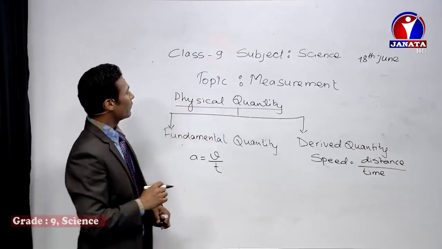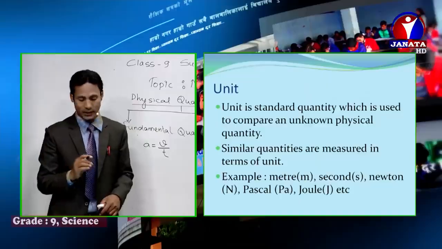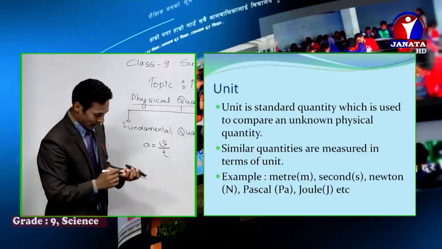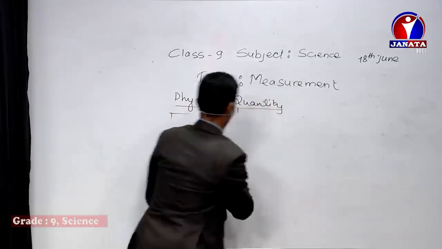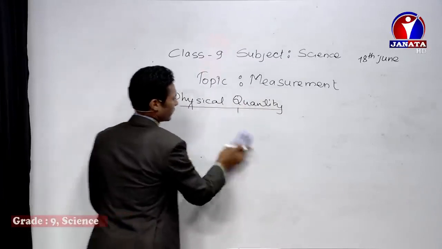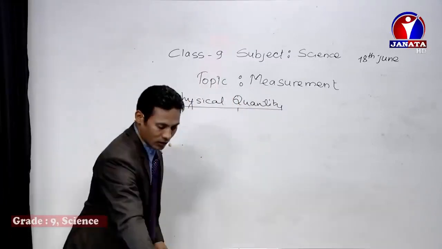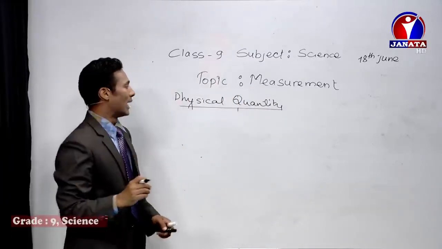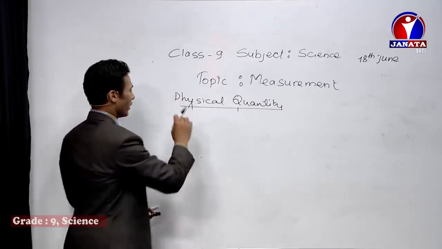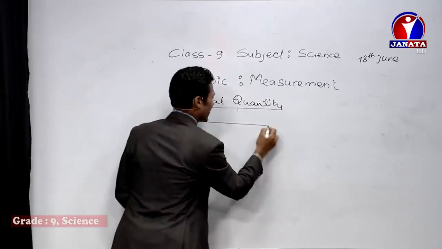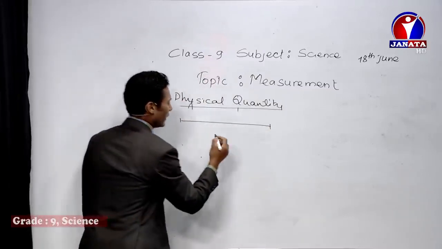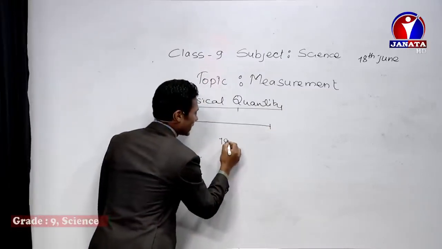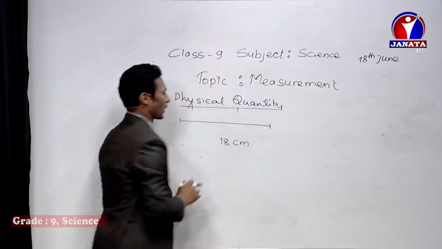Another topic we have is unit, right? So what is a unit? Let's see. If I want to measure the length of this line, it may be, let's say, 18 centimeter.